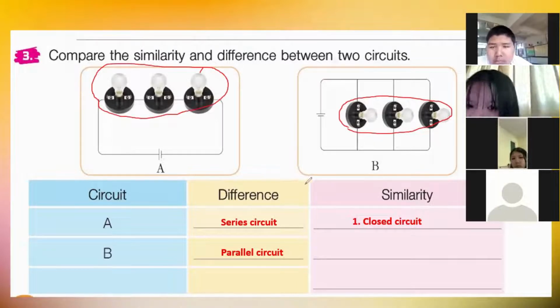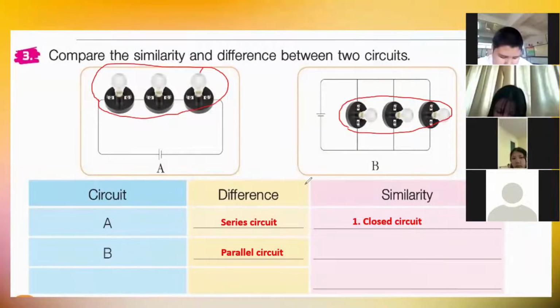Now one more similarity. I already helped you with 2. How about the electric current? Where does it come from? Is it similar or not? It comes from the battery. Very good.